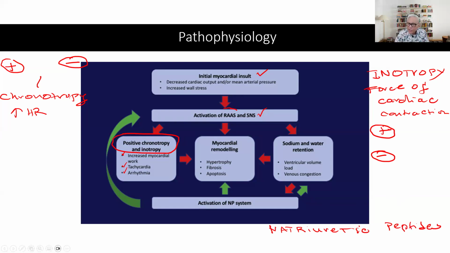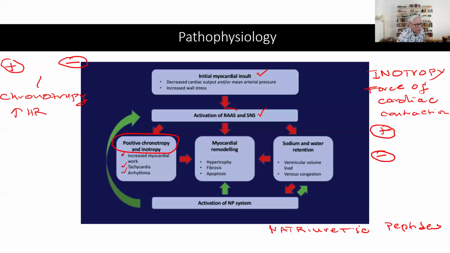These are released by either the atria or the ventricles, as a manifestation of overstretching of the atria or ventricles. So that's exactly the pathophysiology of heart failure.